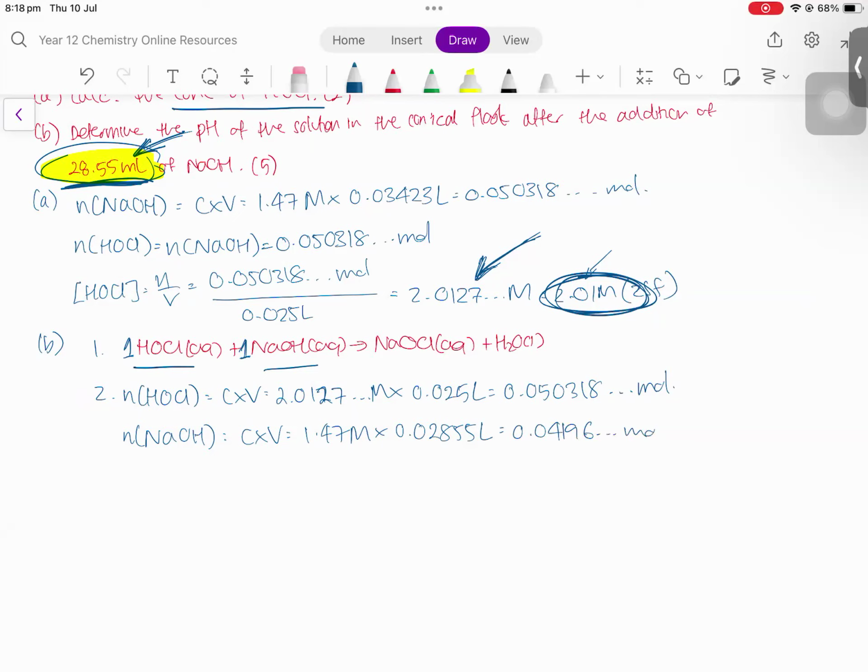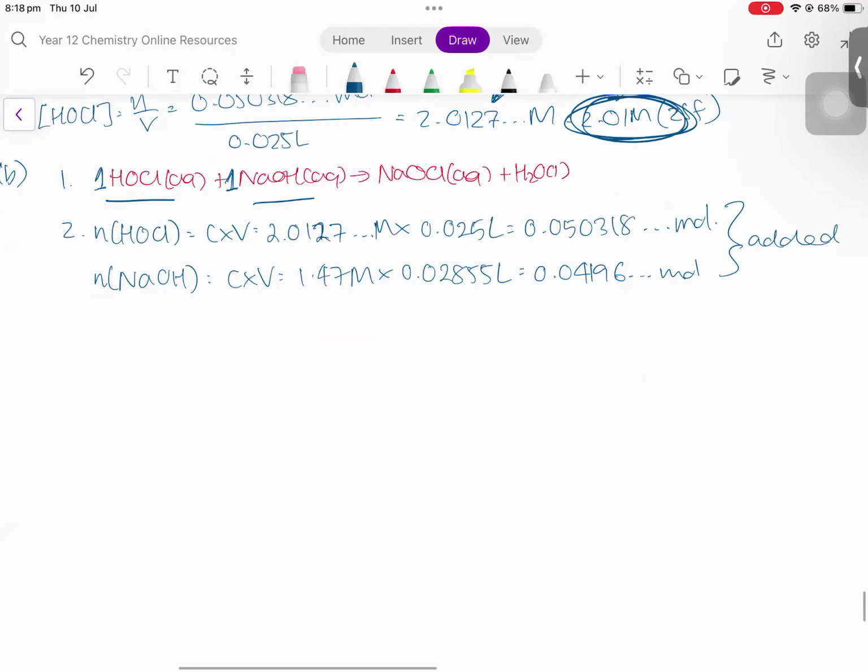These are the moles that I added. Just because I've added it into my mixture doesn't mean they all affect pH. What affects pH at the end of the day is what's still left over after the reaction's done.